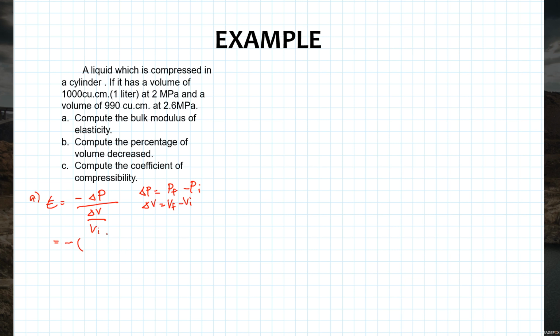Negative, the delta P is the final pressure of 2.6 megapascal minus the initial pressure of 2 megapascal, to be divided by delta V. Delta V is your final volume, 990 cubic centimeters, subtracted by the initial volume of 1000, then divided by the initial 1000.